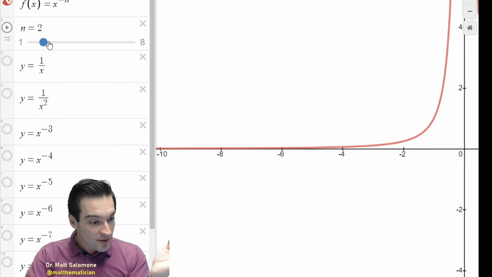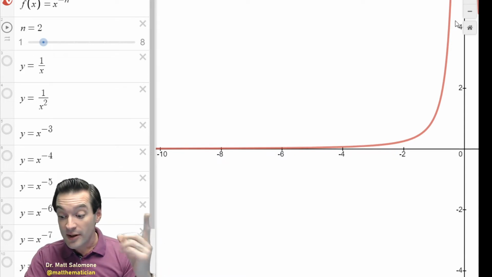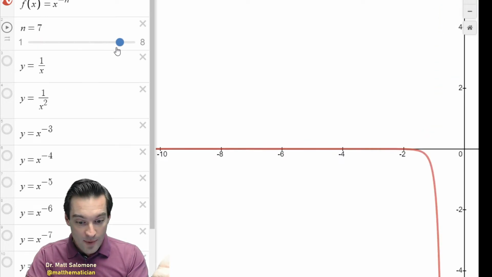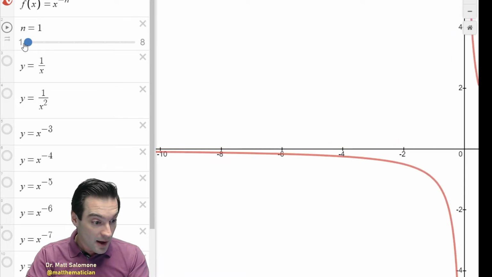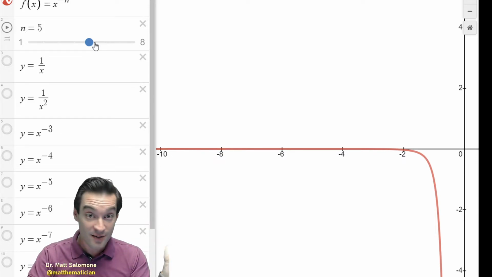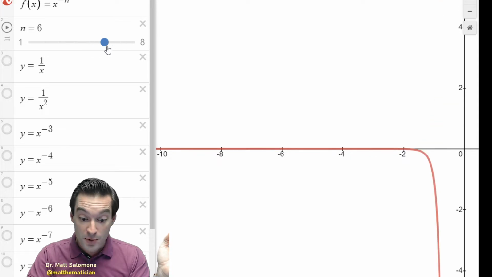But for 1 over x squared, when my exponent is an even integer, as x tends to 0 from the left side, f of x, the y values, are crashing through the ceiling instead of the floor. And so now here we do have this tail wagging behavior that we were seeing with my positive integer exponents. Before we saw this tail wagging happening as x goes to minus infinity. Now we're seeing it happening as x tends to 0 through negative values.